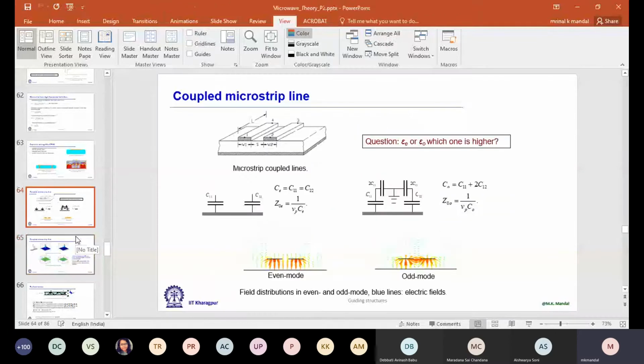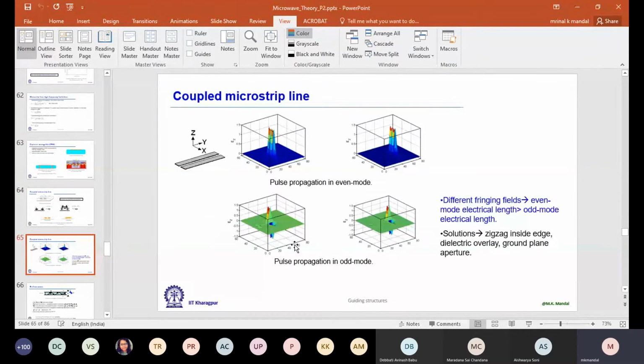Now, as I said, we face a problem because of different dielectric constants under these two different excitation schemes. Then how to avoid dispersion? There are three standard techniques. The first technique, we use a zigzag path inside the structure.